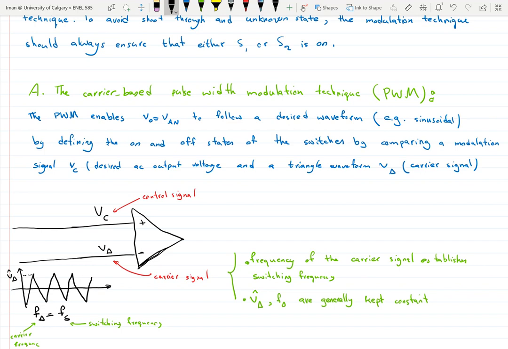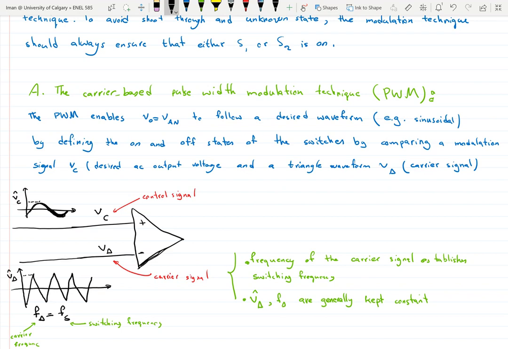So if I have an AC sinusoidal waveform here, what I expect at the output is this kind of AC sinusoidal waveform.